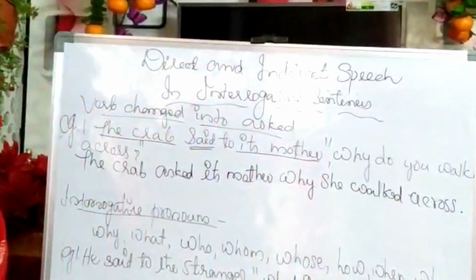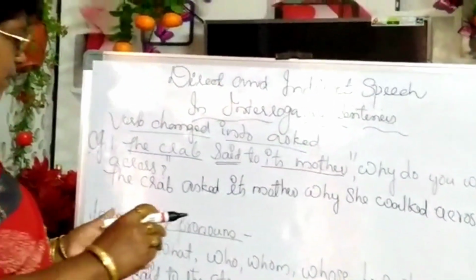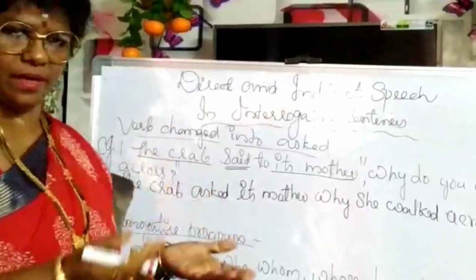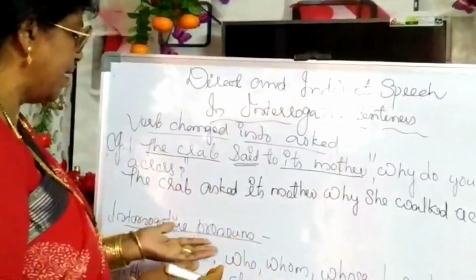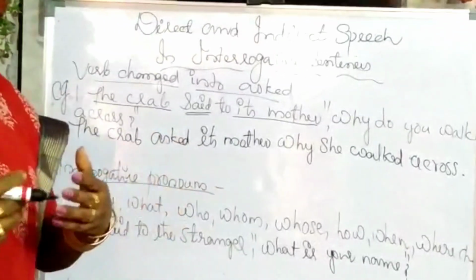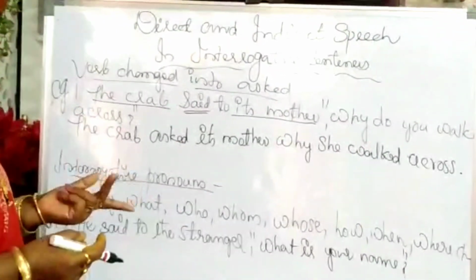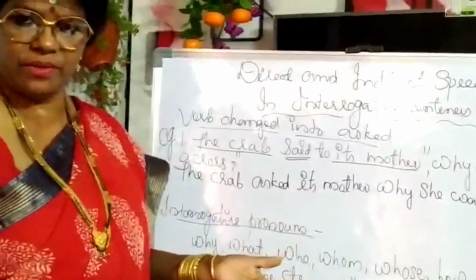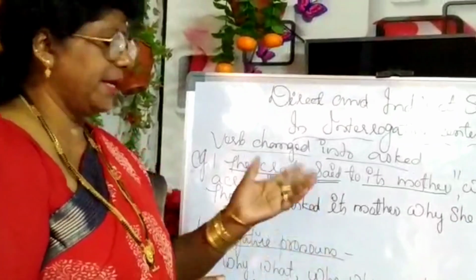Like these sentences, whenever we are using interrogative pronouns, what are the interrogative pronouns? Why, what, who, whom, whose, how, when, where, etc. These are all interrogative pronouns. By using interrogative pronouns, we change direct to indirect speech.